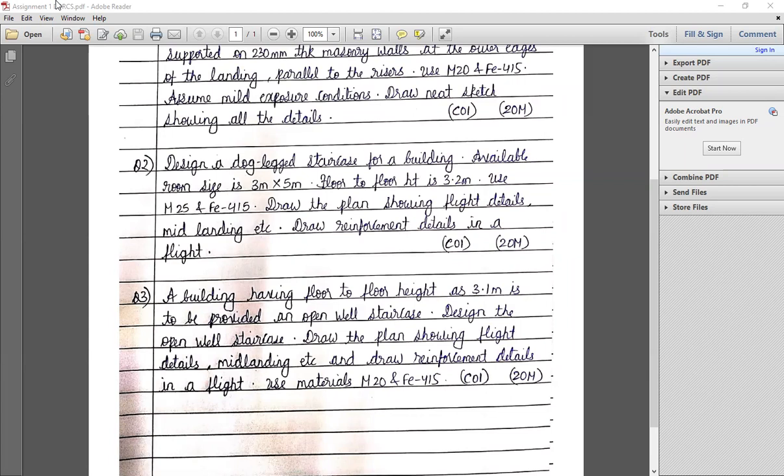Yes, the value which you are getting is the effective depth, correct?